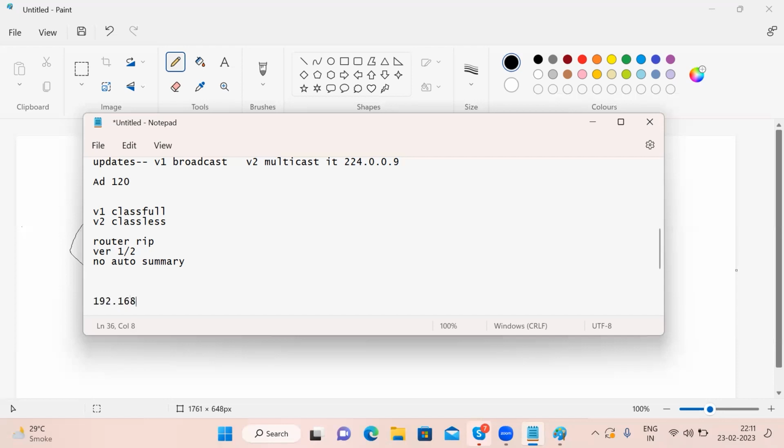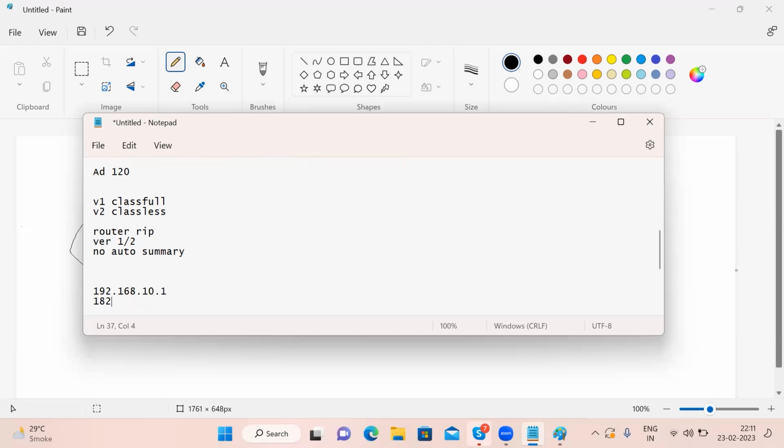192.168.10.1, for example, 192.168.20.1, 192.168.30.1. The second one is 193.168.40.1. Now, can you please tell me which are the similar networks over here?